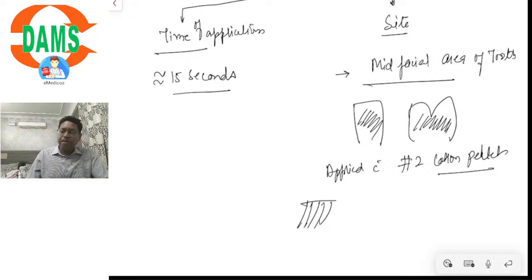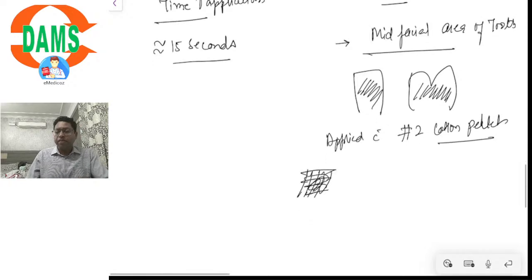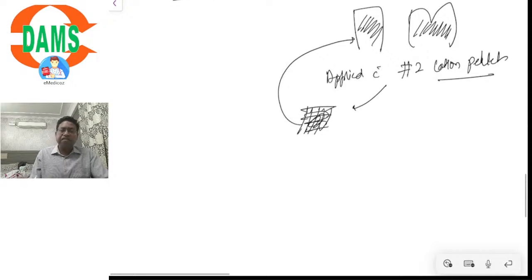Means if this is a cotton pellet, a number 2 cotton pellet, it is saturated with the cold testing agent and this cotton pellet is then applied onto the mid-facial area of the tooth being tested. So this is how we do cold testing of the teeth. These are the general principles for that.